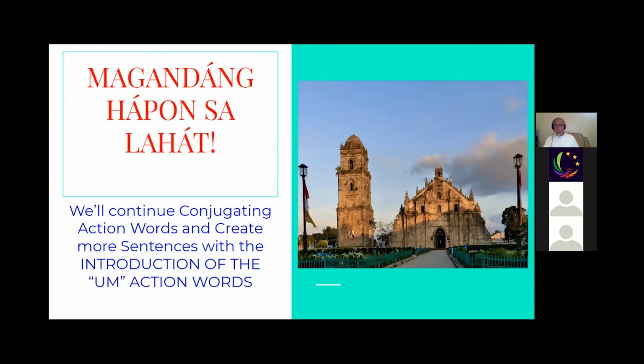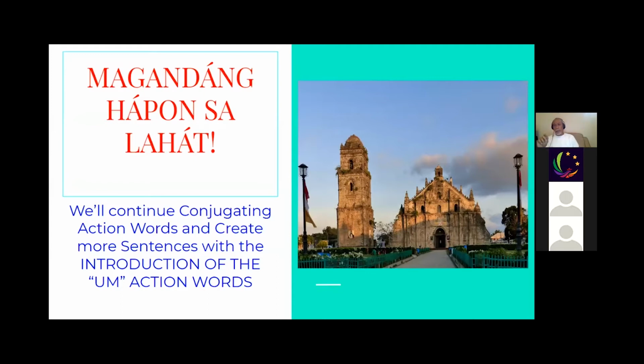I was just making a point about the "na" word and how, in the pronoun "ka" is the only pronoun that precedes the "na." Otherwise, all the pronouns follow the "na," right? Like "kumain ka na" or "nagluto ka na," "natulog ka na," right?